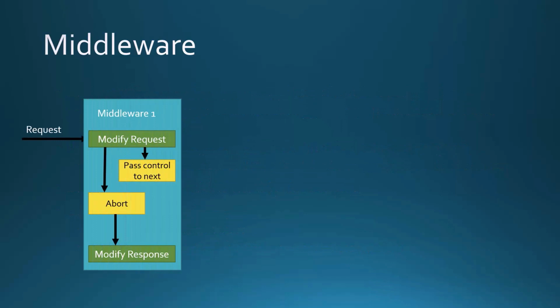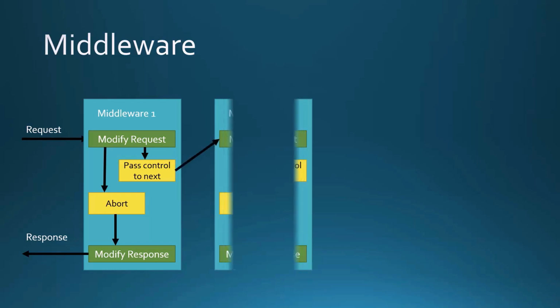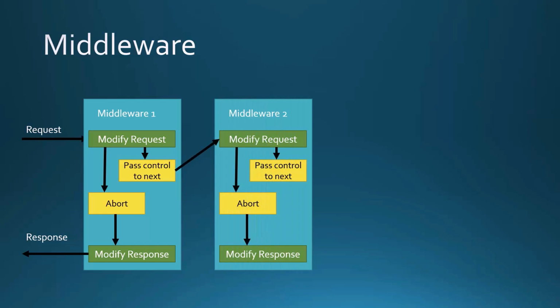So a request comes in, and throughout this pipeline, we may have a class here that I've identified as middleware 1. It could modify the request, and it could just pass control on to the next one, or it could abort the request, modify the response, and send that back to the caller. But if it says pass control to the next, then the next middleware piece in the stack says, okay, great, I got the request.